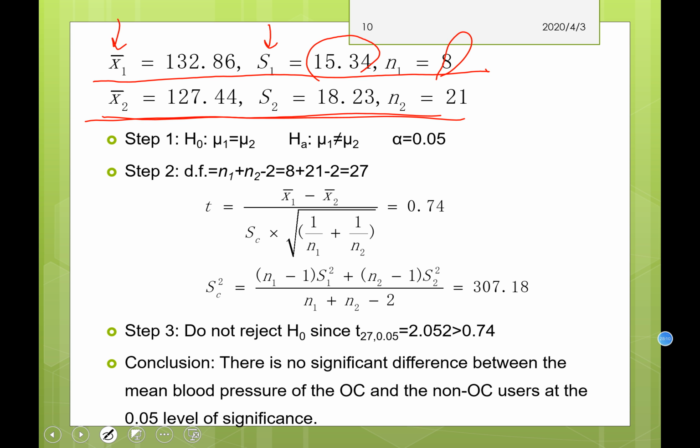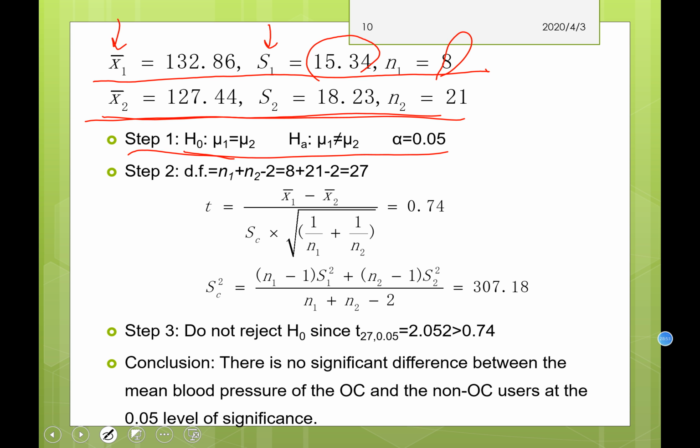Okay, next one. This is the procedure for the two samples t-test, or we can call it independent samples t-test. It's still step 1, step 2, step 3, and conclusion. In step 1, we notice that different types of t-test have different H0 and different HA. So you just need to remember and copy it.